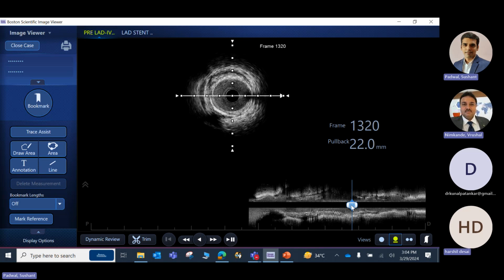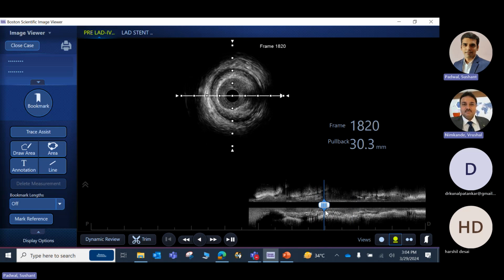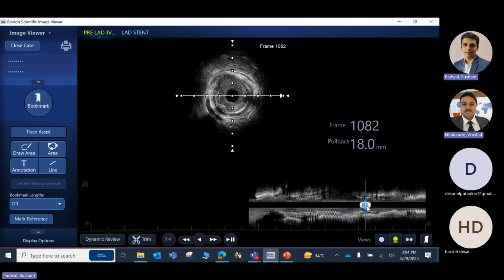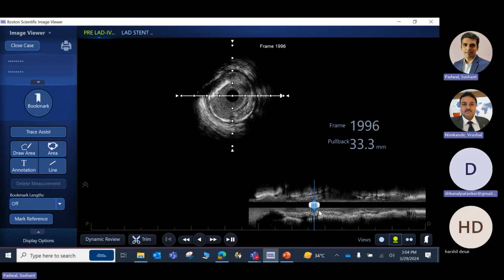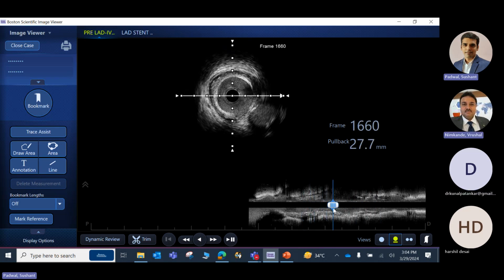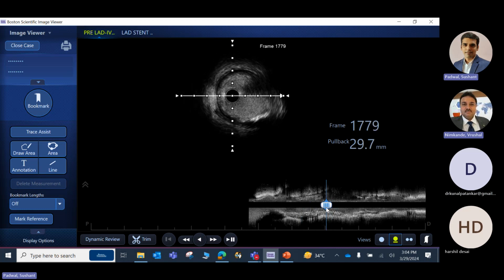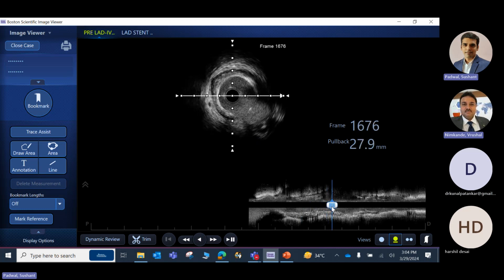The only job a paramedic or a technician will do is to bring or move this cursor wherever you want to see, and wherever you want to put the measurement, he will just put the measurement there. Suppose you want to do a more precise measurement, then just bring it, stop it here, Sushant.